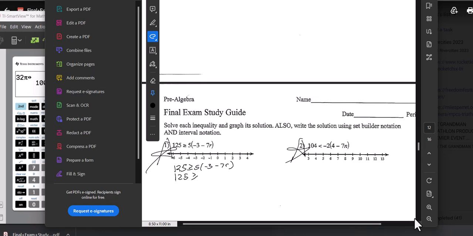So 125 is greater than or equal to negative 15 minus 35r. I'm going to add 35r to both sides. So I have 35r plus 125 is greater than or equal to negative 15, or 35r. Now I subtract 125 from both sides.